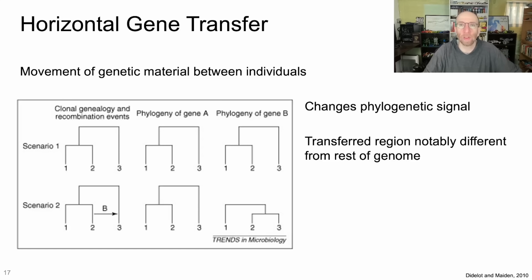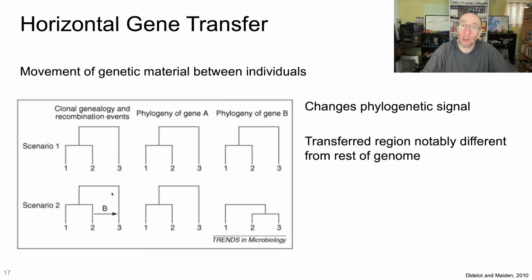So here is how horizontal gene transfer affects the phylogenetic signal. Here we have two scenarios where on the left for each one, we have the actual speciation tree, where lineage 3 branches off first, and then 1 and 2 split from each other more recently. And then we have gene A and gene B, where they follow the same pattern as the populations as a whole.